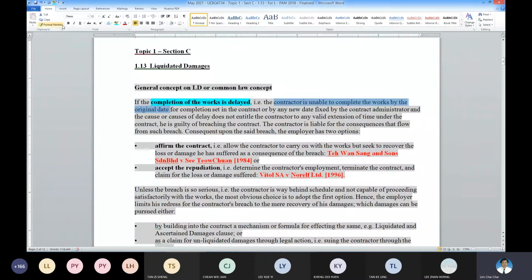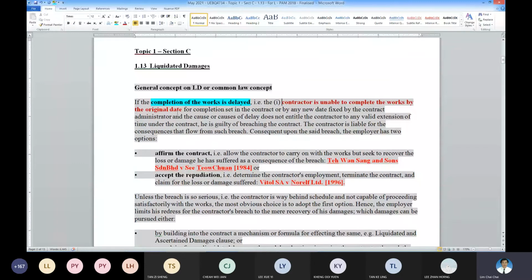This is the type 1 delay, where the contractor cannot finish on the original date. Number 2, type 2, cannot comply with any new date fixed by the contract administrator. That means a revised date given to you also cannot be met.